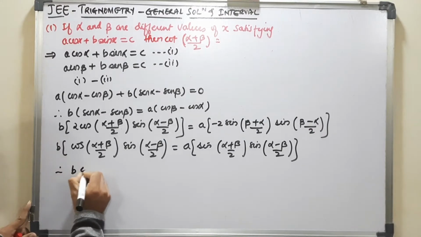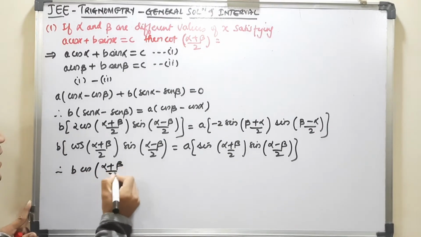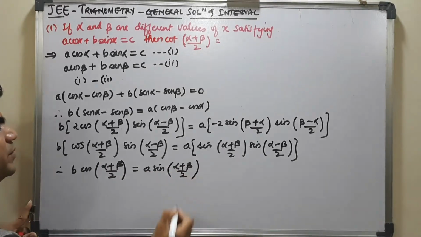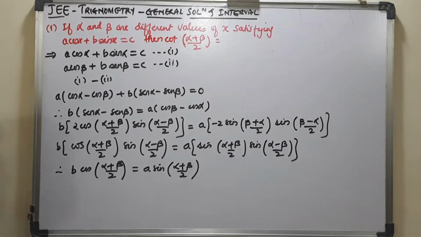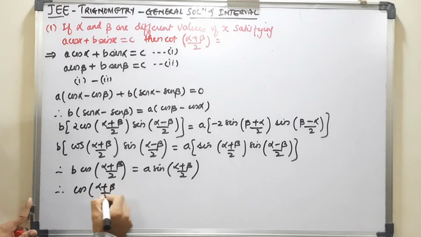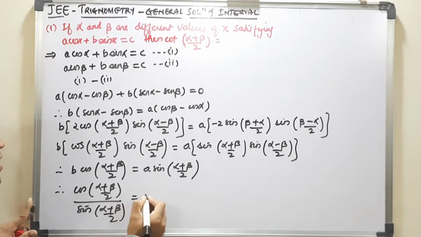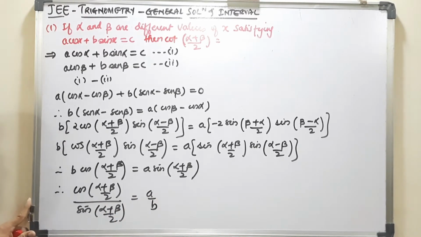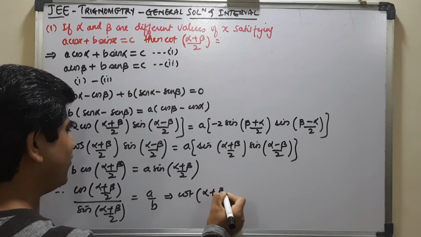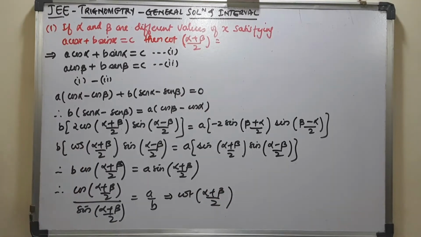Therefore I get here b cos alpha plus beta by 2 is equal to a sin alpha plus beta by 2. So obviously you will get this as cos alpha plus beta by 2 upon sin alpha plus beta by 2 is equal to a by b, and this is nothing but your cot alpha plus beta by 2, and if you require it to be as tan, it will be just b by a.